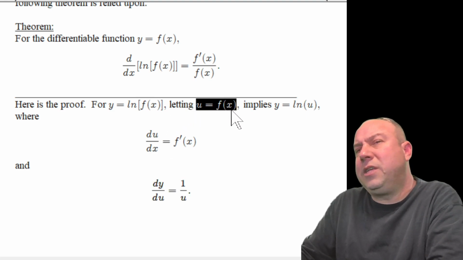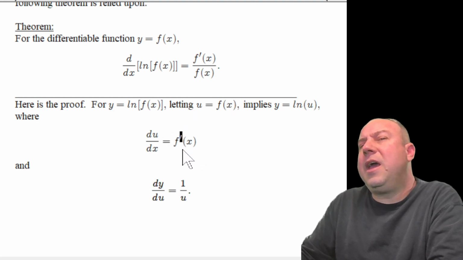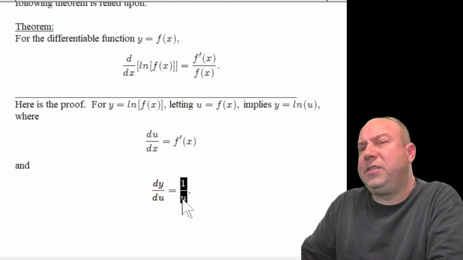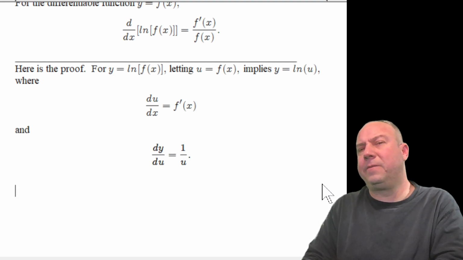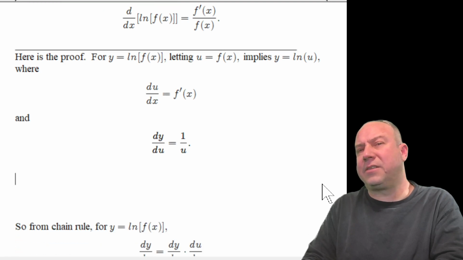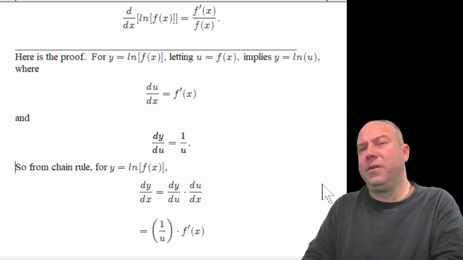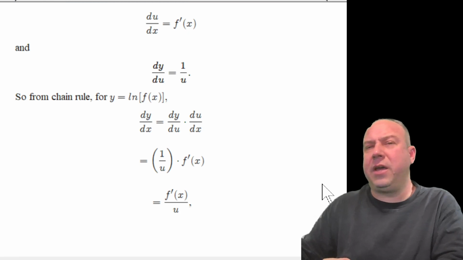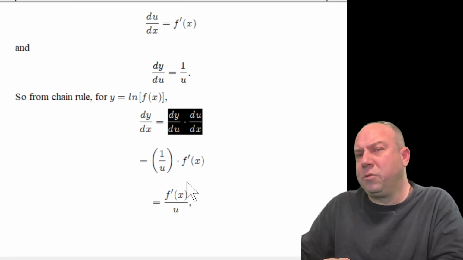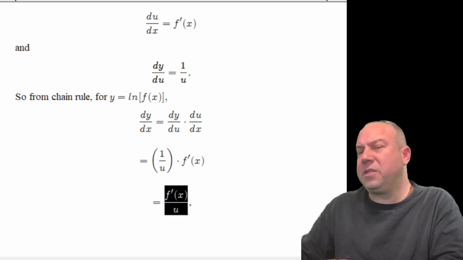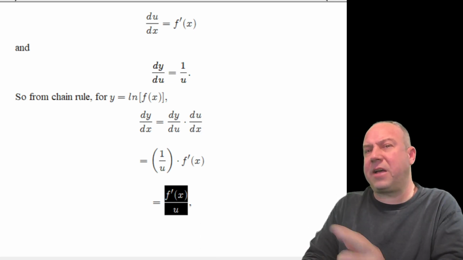Since u is equal to f of x, and the derivative is the product of these two results, we end up with f prime of x over f of x as our derivative result. So from chain rule, we end up with 1 over u times f prime of x for these two individual derivatives, which produces this quotient of f prime of x divided by u.